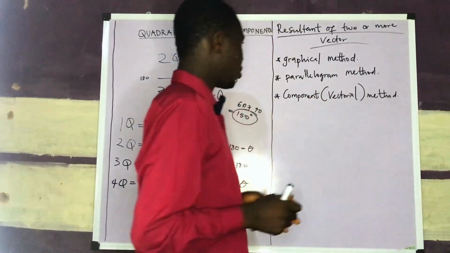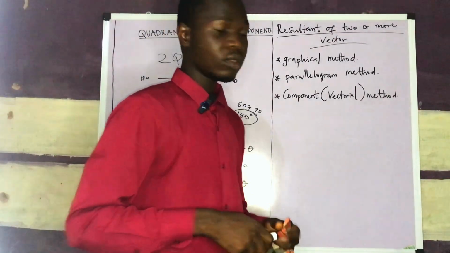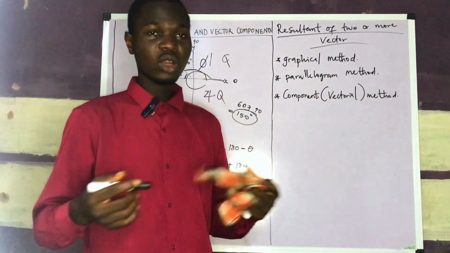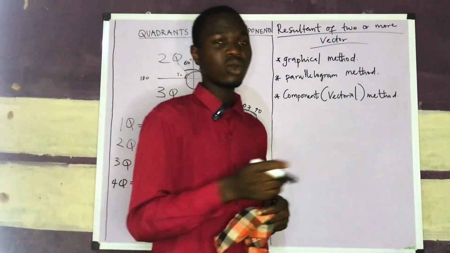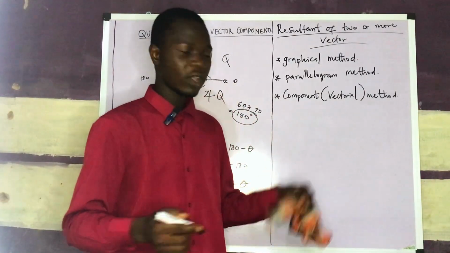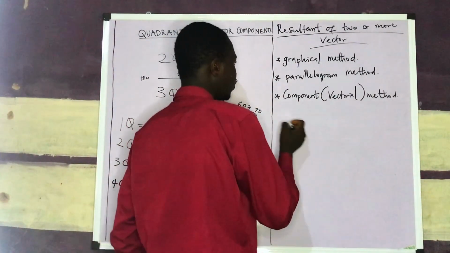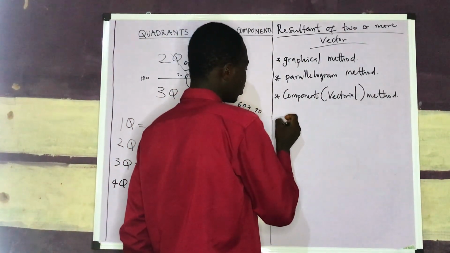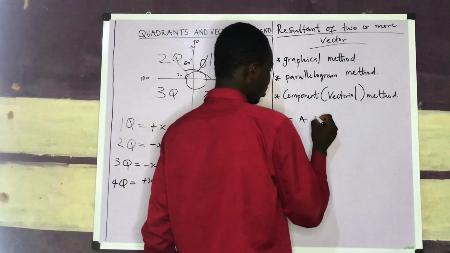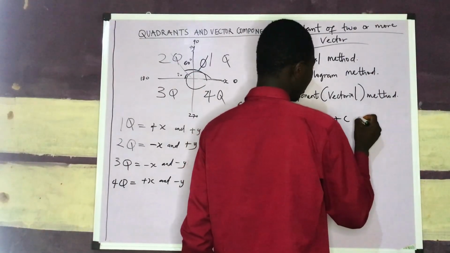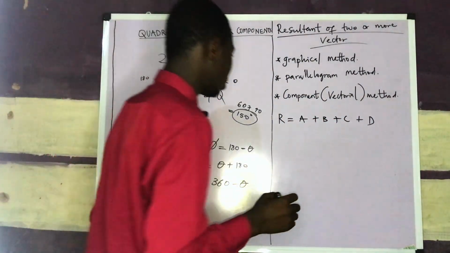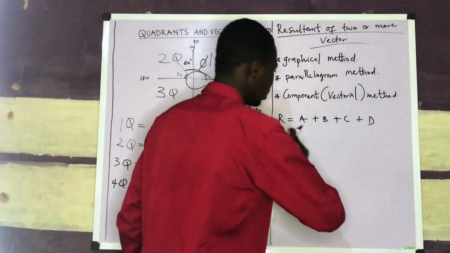So the graphical method means the use of a graph. You can use a graph to represent vectors. A graph has a y component and a horizontal component, and you'll be using points to connect the vectors together. Let's say we are given the resultant vector of A plus B plus C plus D. In the graphical method, let's say we want to represent these four.